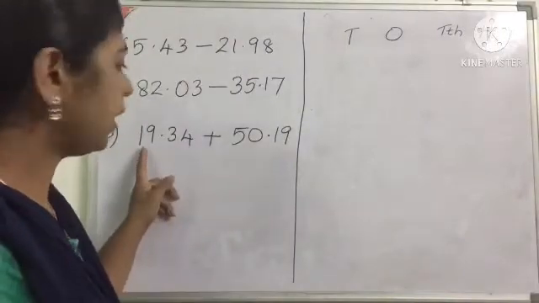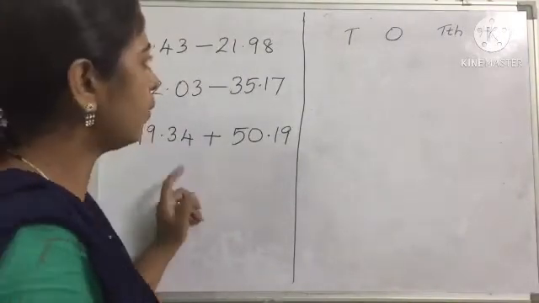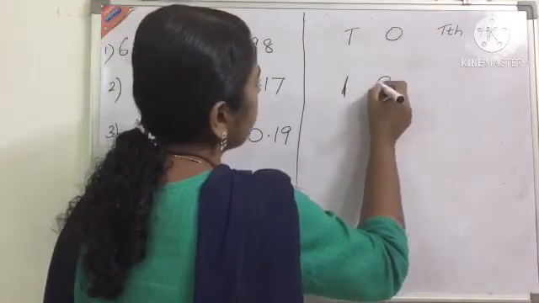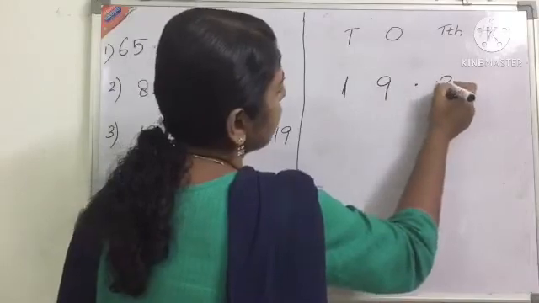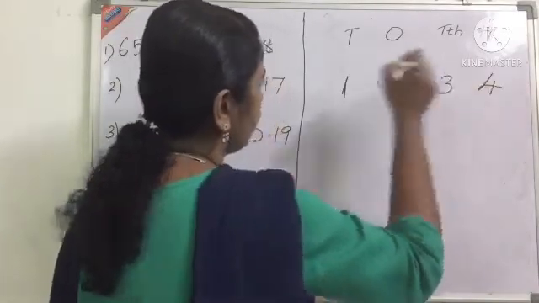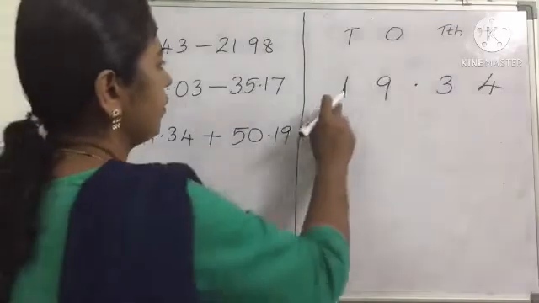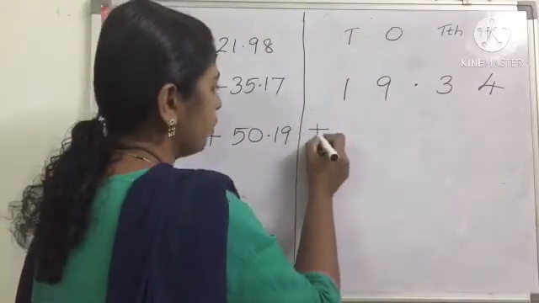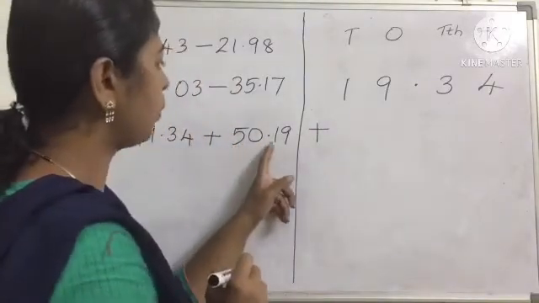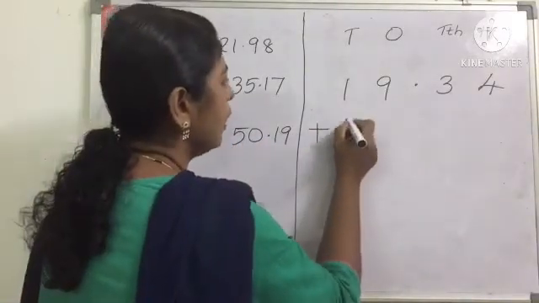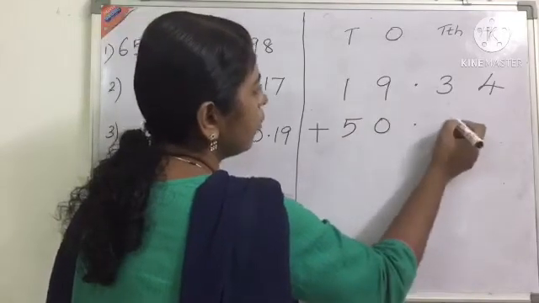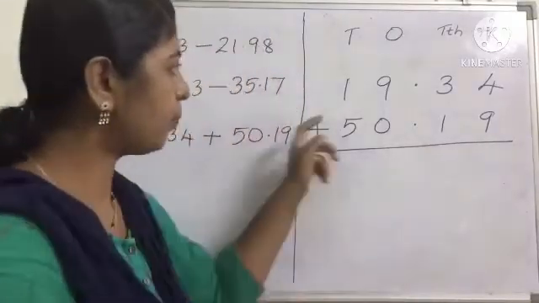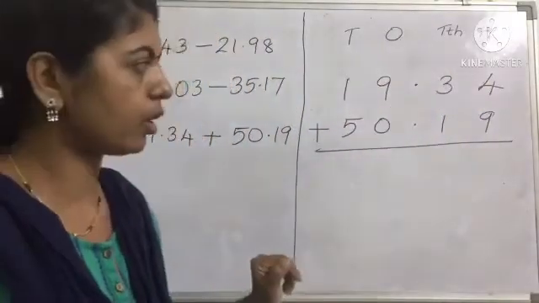The first decimal is 19.34. Then plus. It's addition, so the plus sign. Then 50.19. After writing this, you should check whether the positions of the numbers are correct or not.